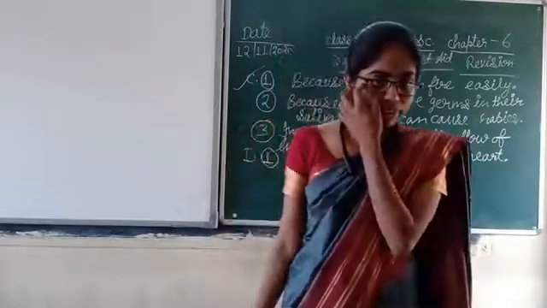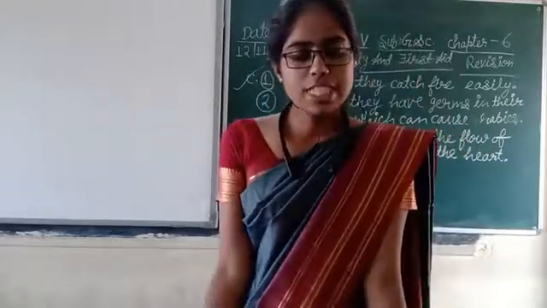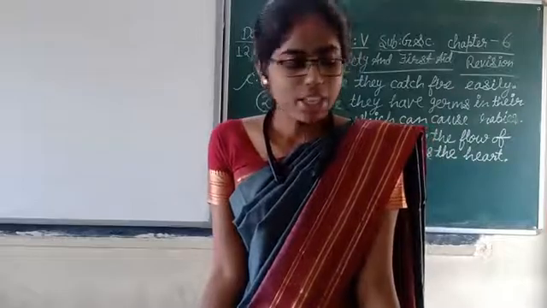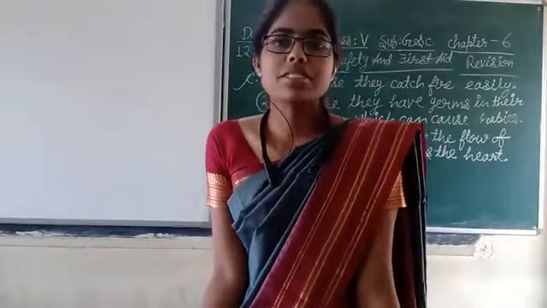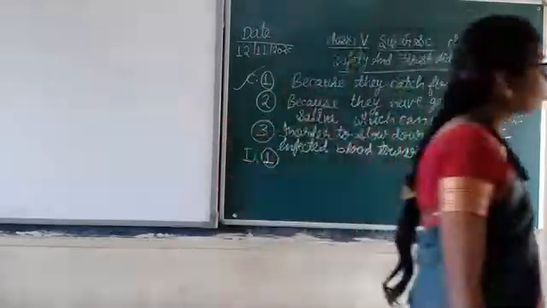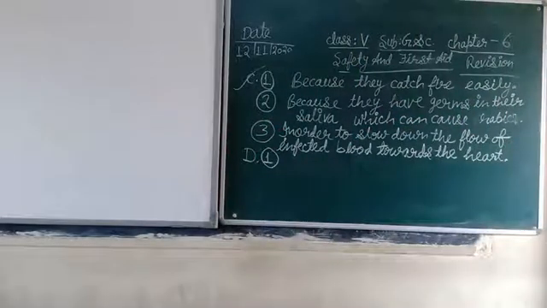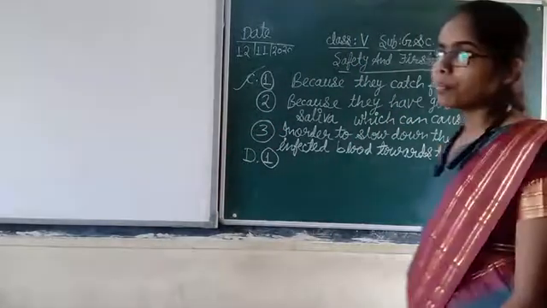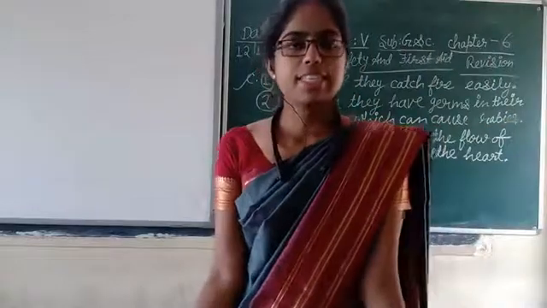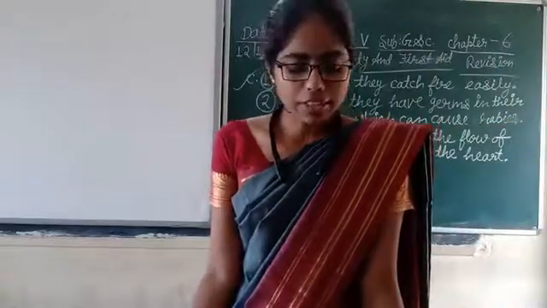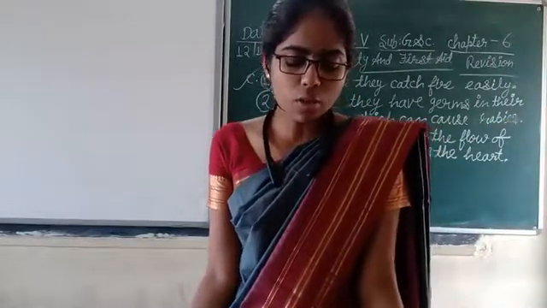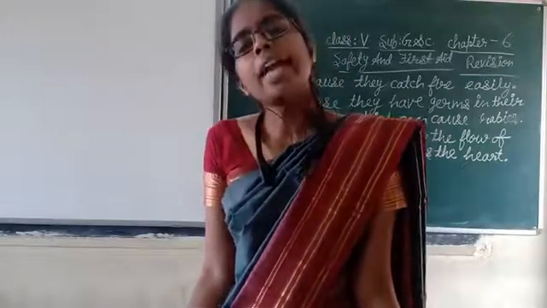Question number 5. Which type of first aid is given when one's nose bleeds? Answer is, the victim must be made to sit down on a chair with the head held back.